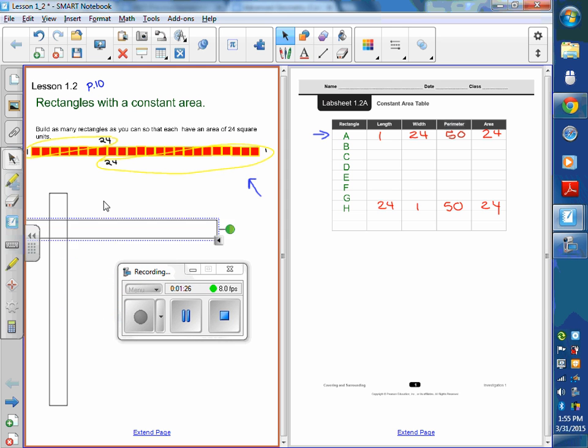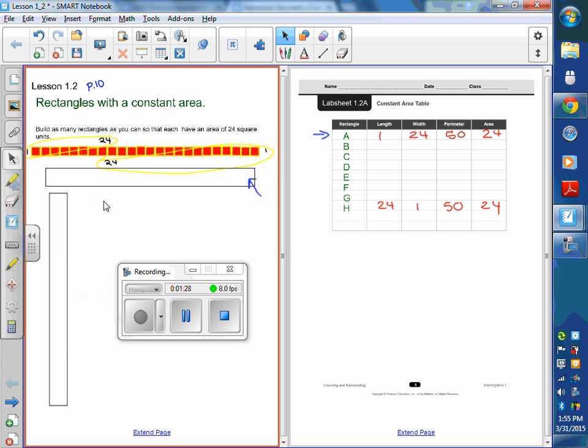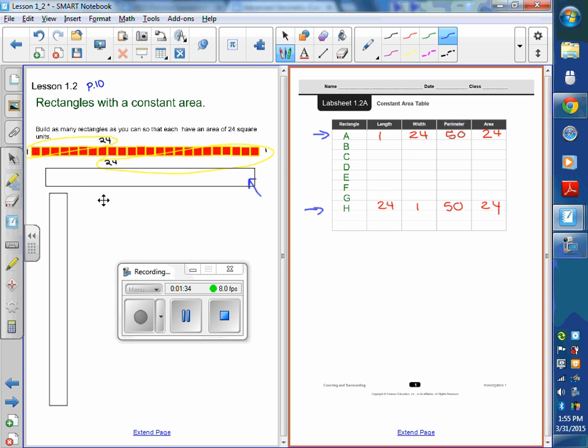To represent that in the table, I put a 1 by 24, but I also put a 24 by 1. Counting is 2 different rectangles today. So for the next 5 minutes, you're going to build all the different rectangles using all the chips, and then record all the dimensions and perimeters in your chart.